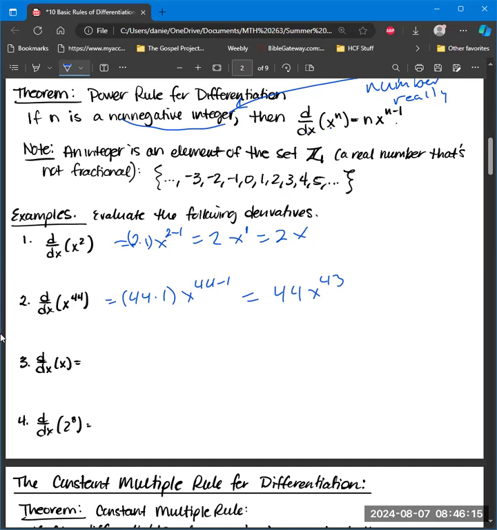Now let's think about this one. We have 1 times 1, x to the 1 minus 1 is going to be 1, x to the 0, which is 1 times 1 is 1. Recall that x to the 0 equals 1 as long as x is not equal to 0.